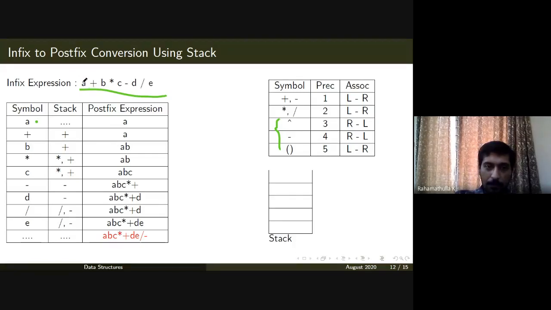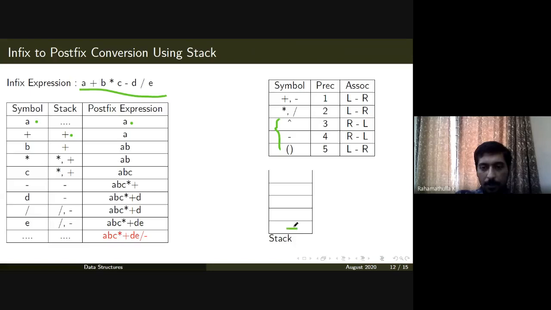While reading a character from the string, you just check whether you got an operand or operator. You got an operand, you directly send it to postfix expression. You got an operator, you send it to stack.